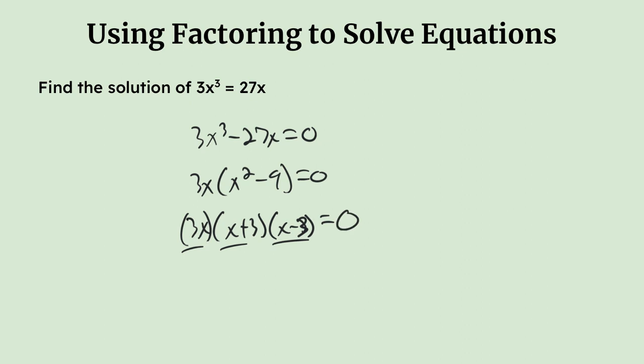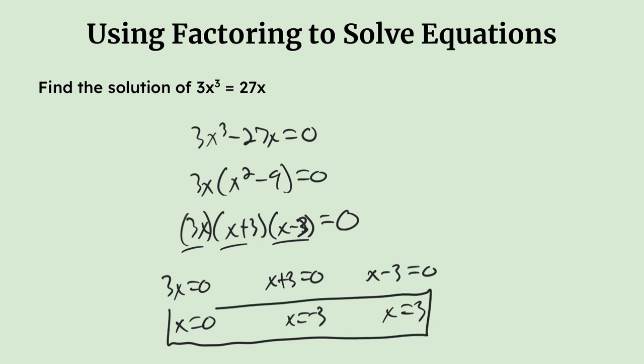So each one of those will make it equal to 0. We have 3x equals 0, x plus 3 equals 0, x minus 3 equals 0. So our roots are at 0, negative 3, and positive 3. For your homework, you can just list it from least to greatest. Negative 3, 0, 3 for your answer.